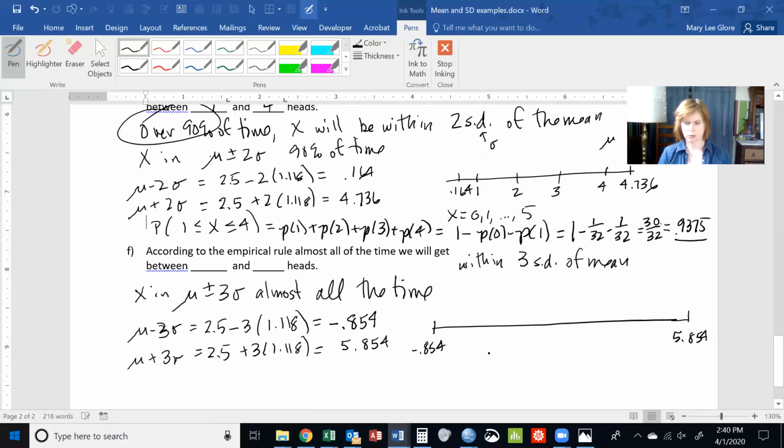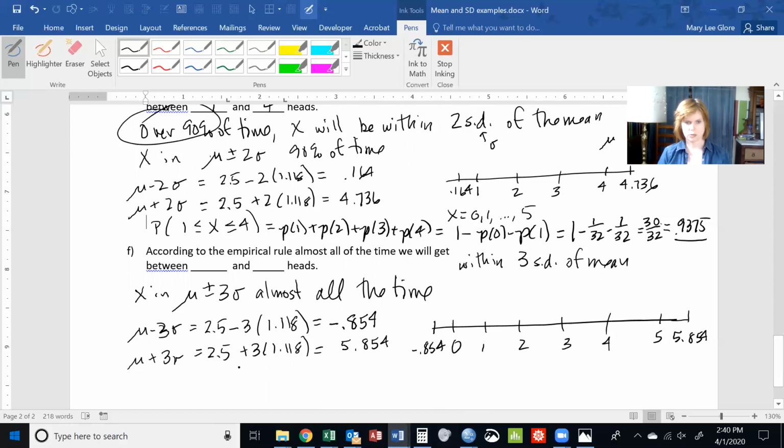And all right, what values of x are in here? Again, x is either 0, 1, 2, 3, 4, or 5. Well, 0 happens to be on the inside of that, and 5 happens to be on the inside of that. So all of the values that are possible are in there.